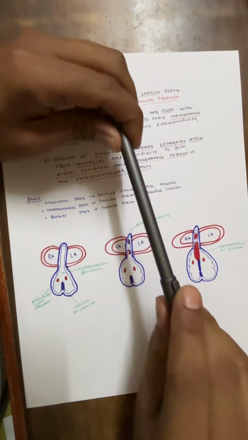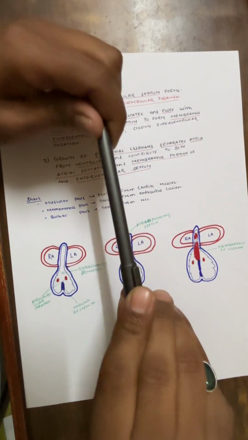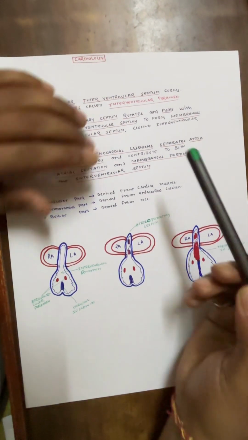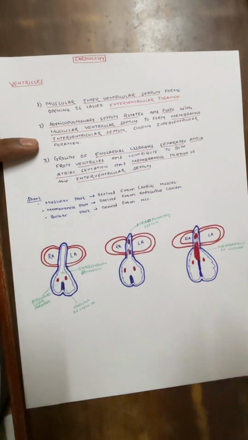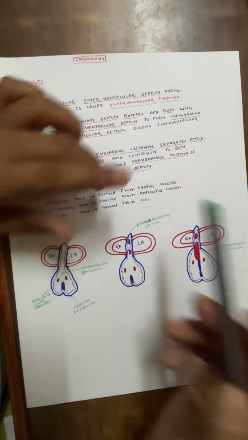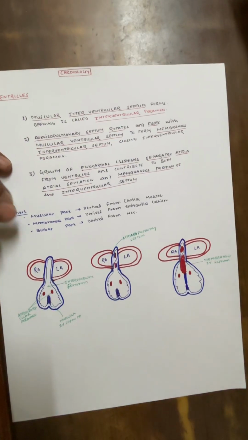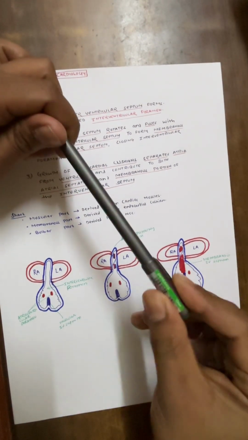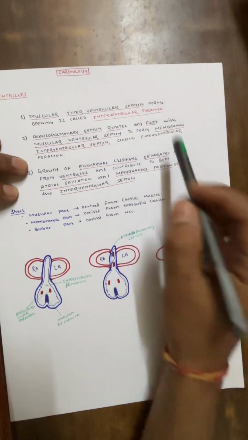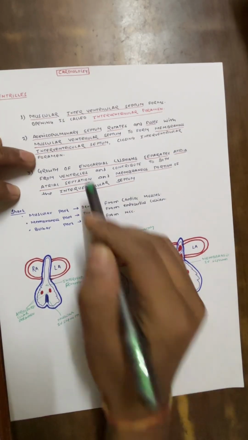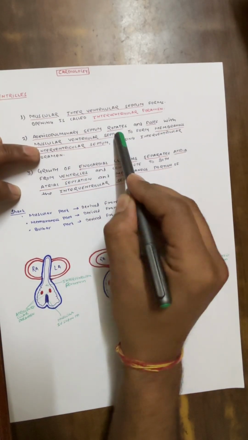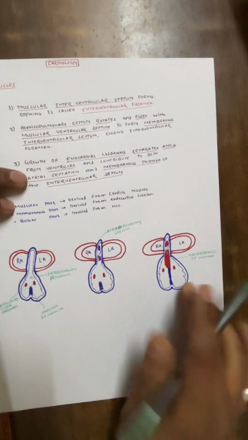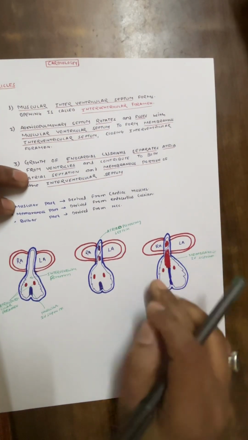Suppose this is straight, now it will rotate like this, and it will fuse with this muscular interventricular septum and form this membranous septum.